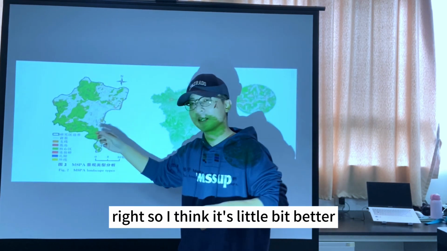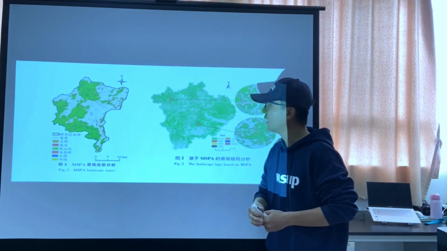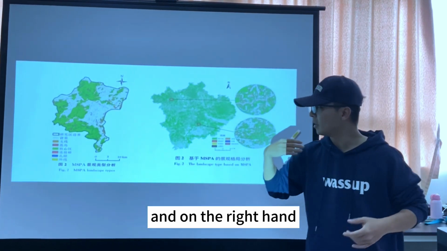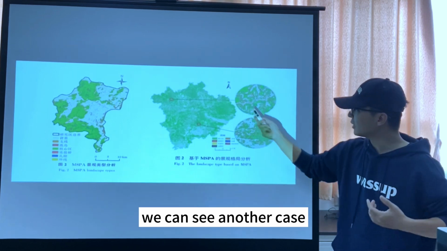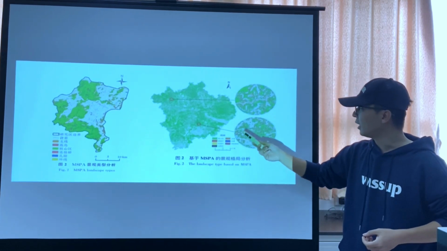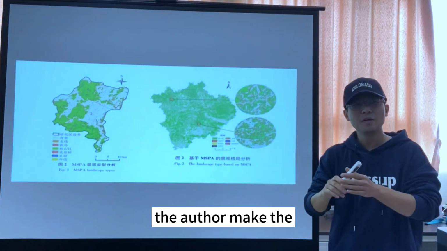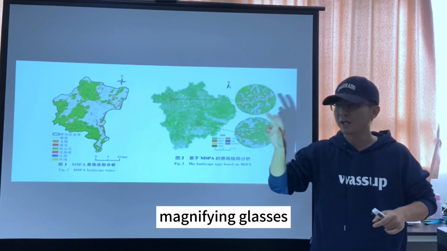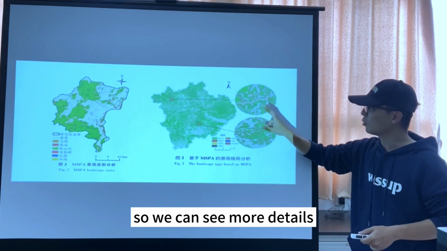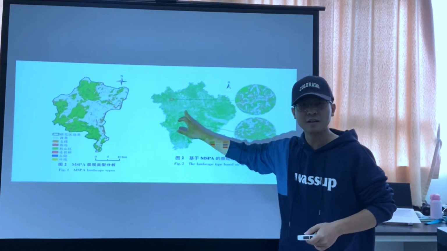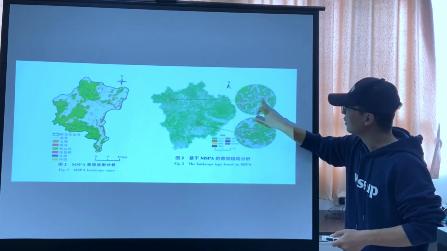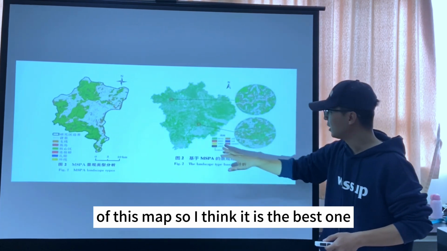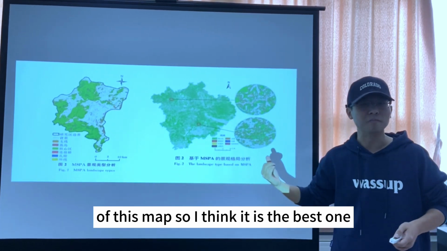And on the right hand, we can see another case. The author made a magnifying glass, so we can see more details of this map. So I think it's the best one.